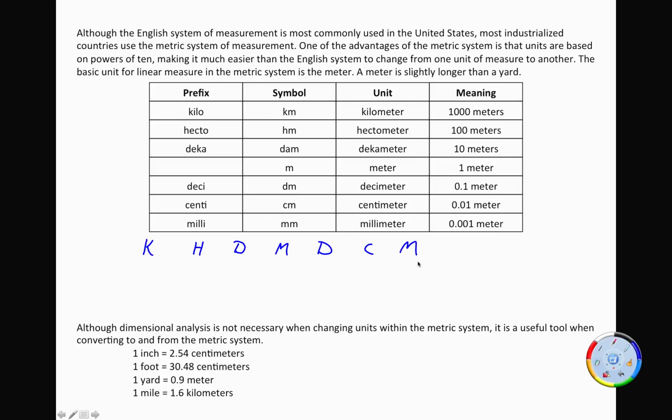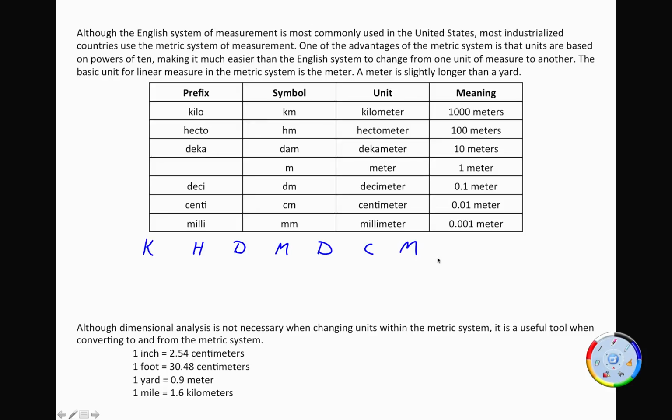Find yourself something. I was taught King Henry danced merrily down Center, Main, so that's the one I'm going to use. But find yourself something that you think you can remember, and if you can remember that little nonsense phrase to order up your prefixes, you can convert in the metric system.